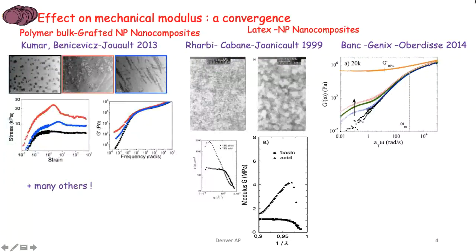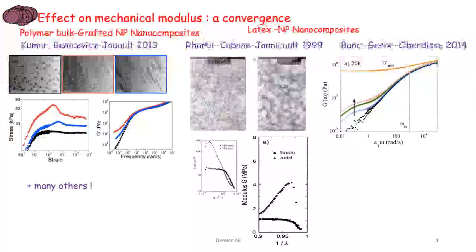Well, what Rarby did actually, so he mixed some latex beads and some silica nanoparticles, and he noticed that when you could have the same size, that means the latex beads and the silica particles were of the same size.